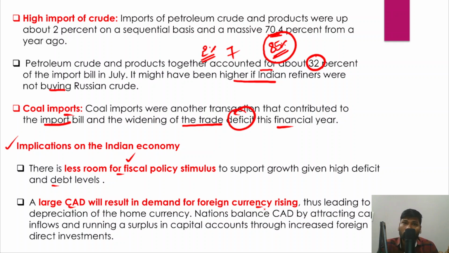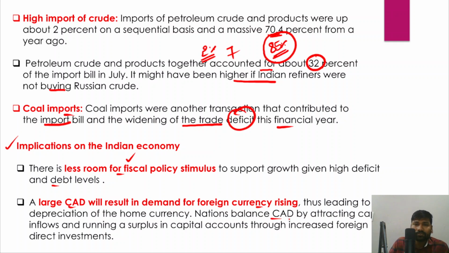Depreciation of the rupee means whatever we have been importing, we need to pay more for, right? For example, if we are importing crude oil, we need to pay more out of the forex reserve that we have, and consequently that would further depreciate the rupee value as well, right? So this is how it would further deepen the trade deficit or the current account deficit.